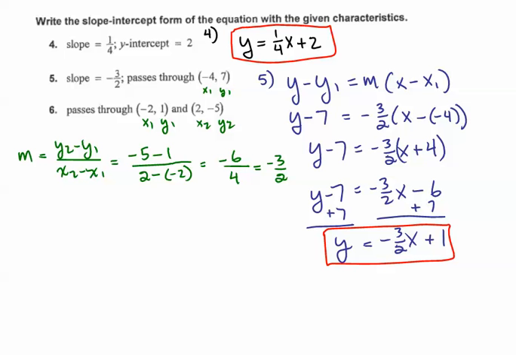Okay, next thing we do, we write the equation into point-slope form.